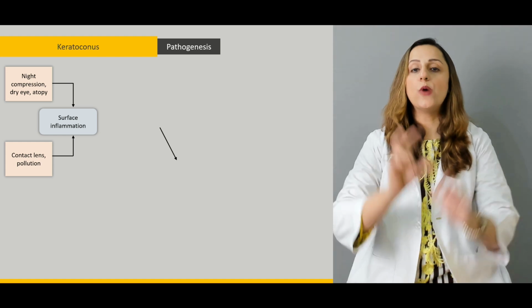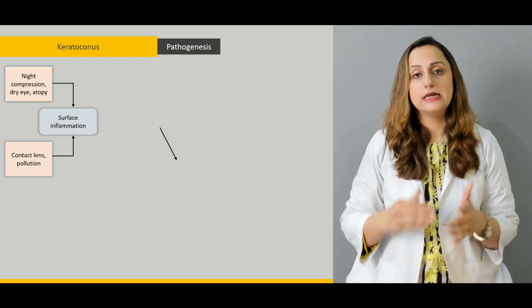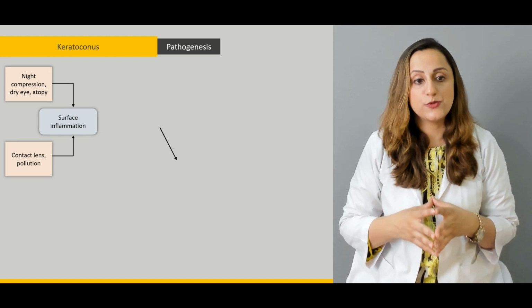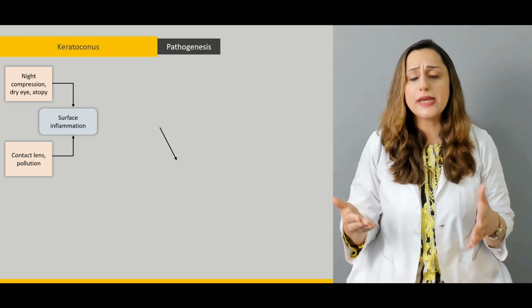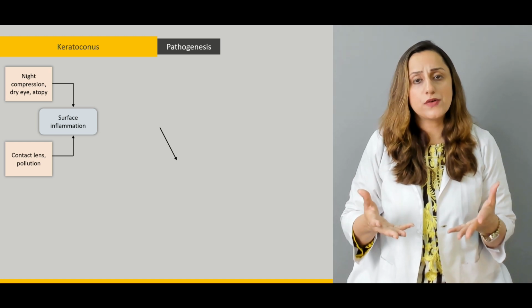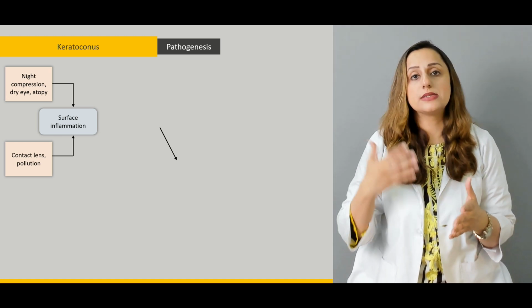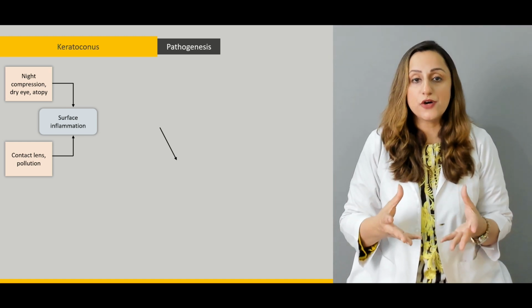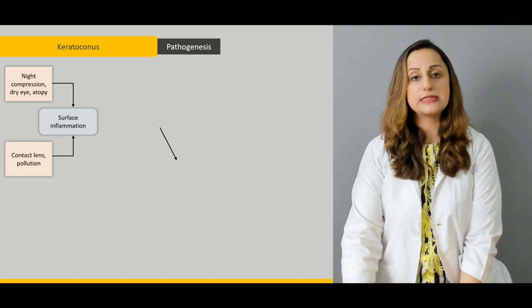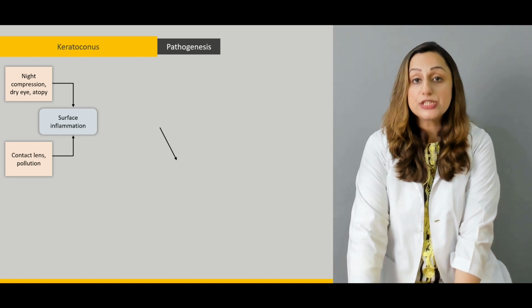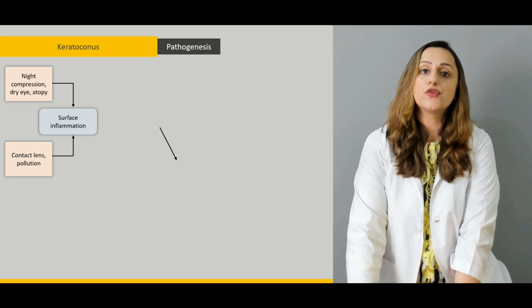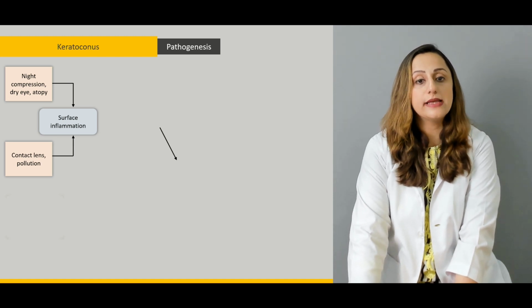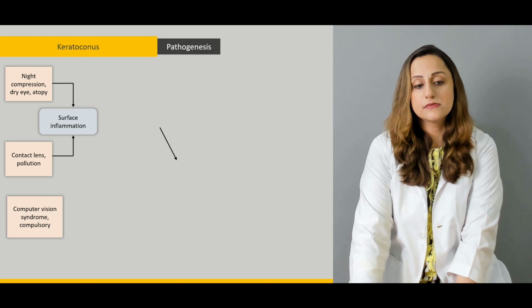So this is one of the key factors over here. The development of surface inflammation is the key factor that we're going to consider. It can be due to any sort of pathology that the person is suffering from, for example dry eye syndrome, atopy of the eye, night compressions, the use of contact lenses, or a polluted environment, all of which can contribute towards inflammation at the corneal epithelium.